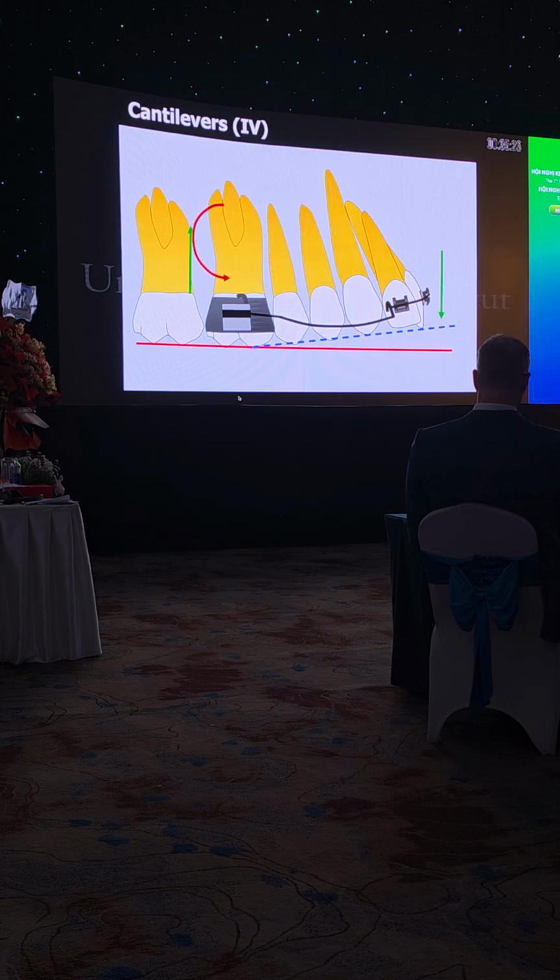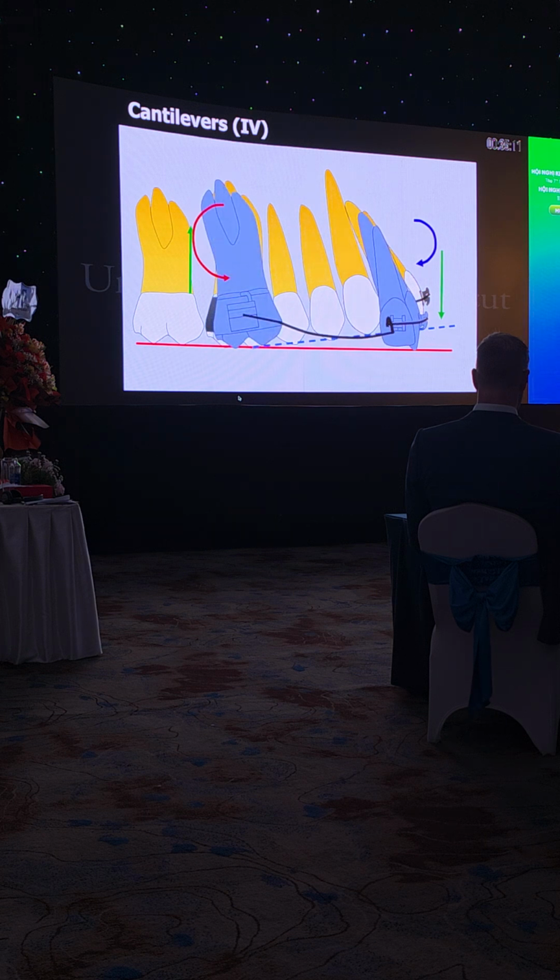But then the moments are going to be quite different. It is going to bring the posterior teeth forward and anterior teeth down, and the net result is you correct one problem, but you create another one in the posterior.